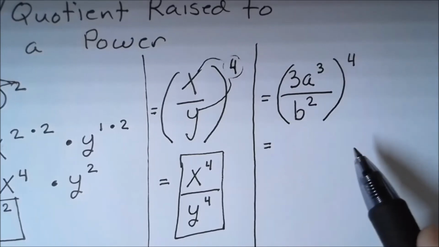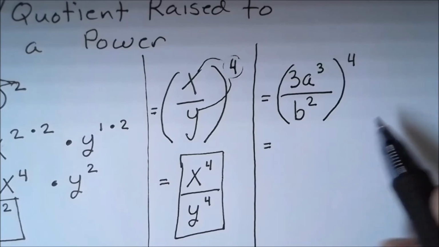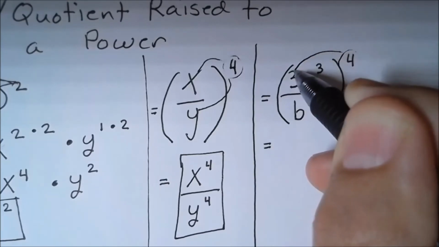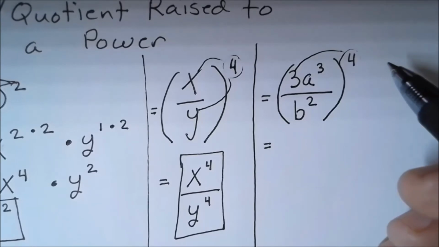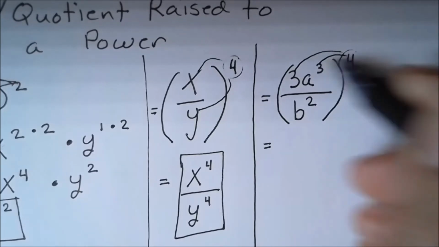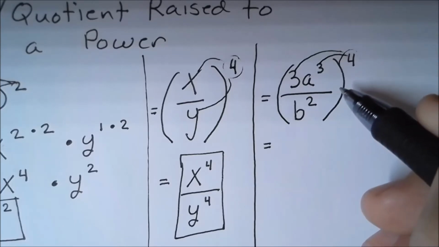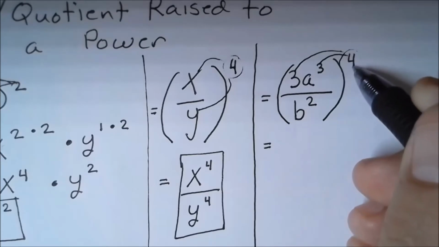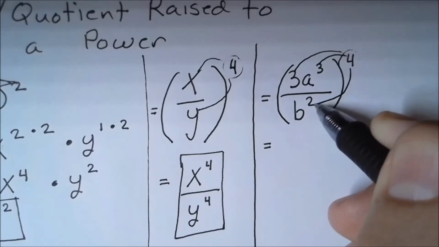So when we have this, what we need to do is make sure that we apply this power on the outside to each one of these terms. So it needs to be applied to the 3, to this 3, and it's going to need to be applied to the 2.